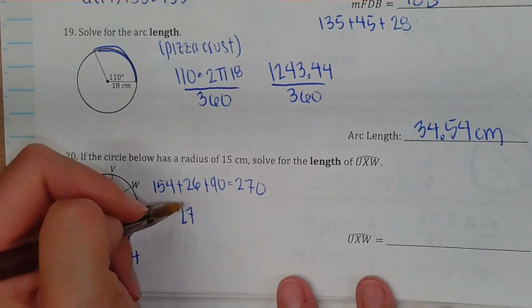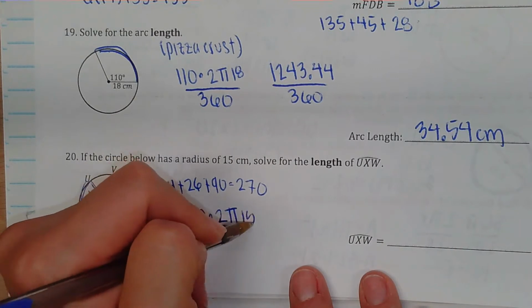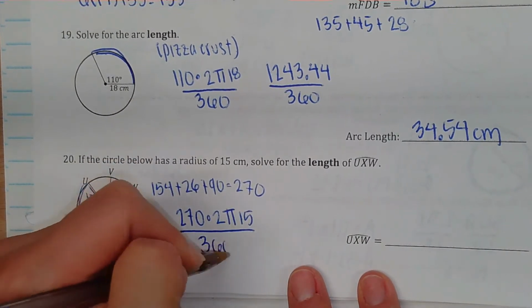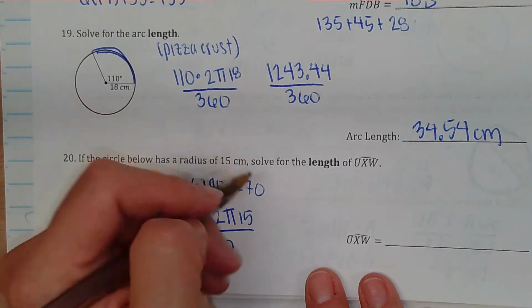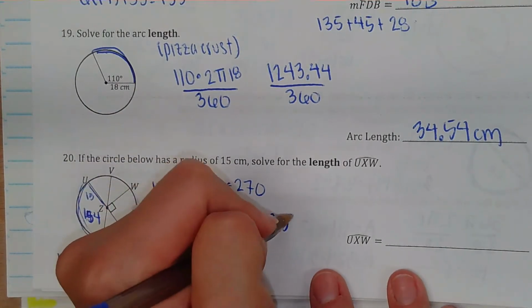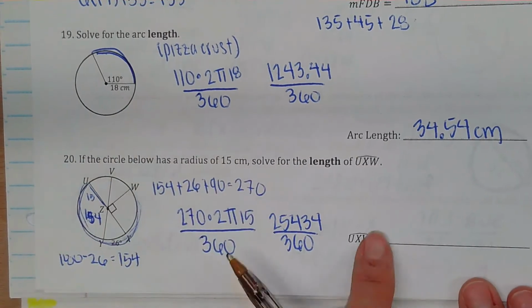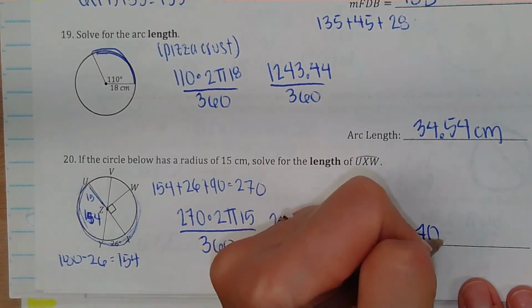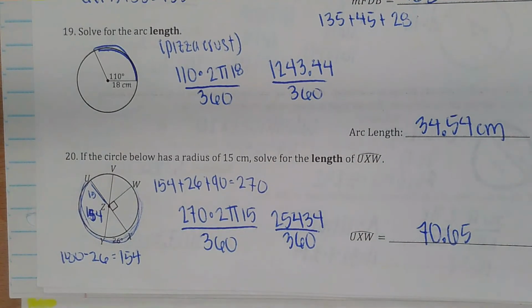So 270 times 2 times pi times 15 over 360. When I multiply my top bit up here, I get 25434 over 360, which when I divide, I'll get 70.65. Okay, moving along to page number 2.